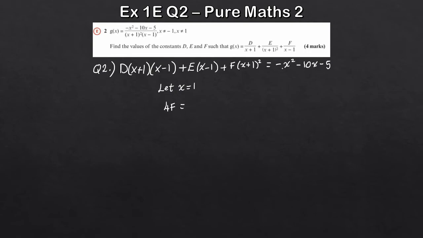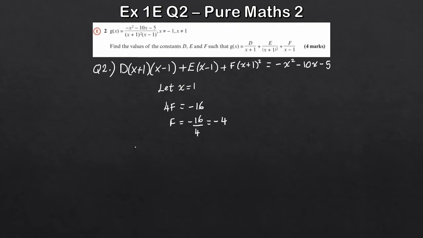It's going to be equal now to basically plug 1 into here, okay? So if you plug 1 into here, you get minus 16. So 4f is equal to minus 16. So f is minus 16 divided by 4 to give us minus 4. Okay, so that's our first constant there.